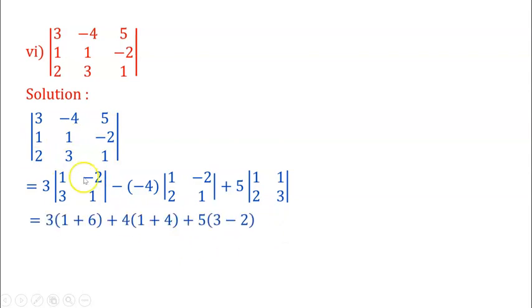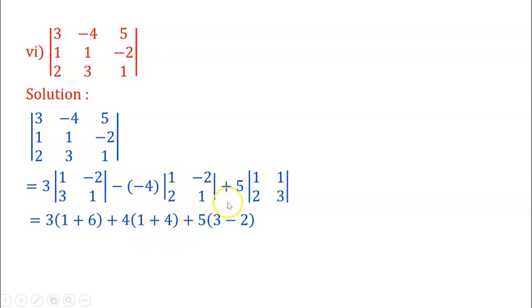Okay, and evaluate this. 1 into 1 is 1, minus 2 into 3 is minus 6, but there is a by default minus sign, minus and minus will become plus, and hence you get here plus 6. Okay, next this minus and minus will become plus. Therefore here is plus 4. Again 1 into 1 is 1, minus 2 into minus 2 is minus 4, minus and minus will become plus, 1 plus 4.